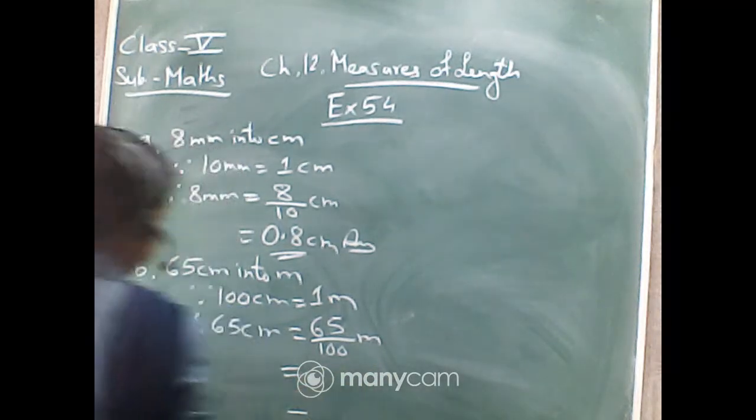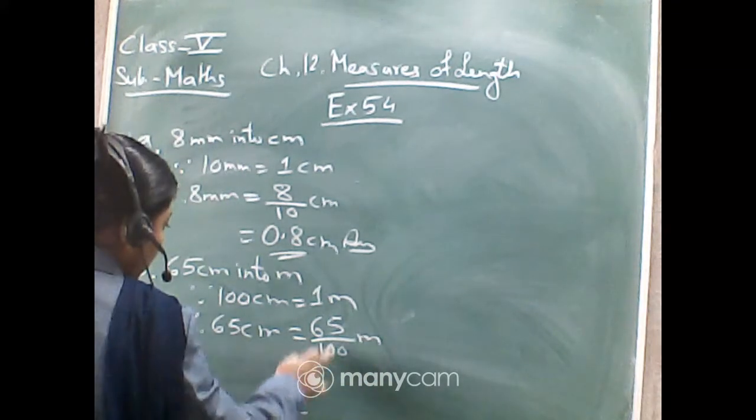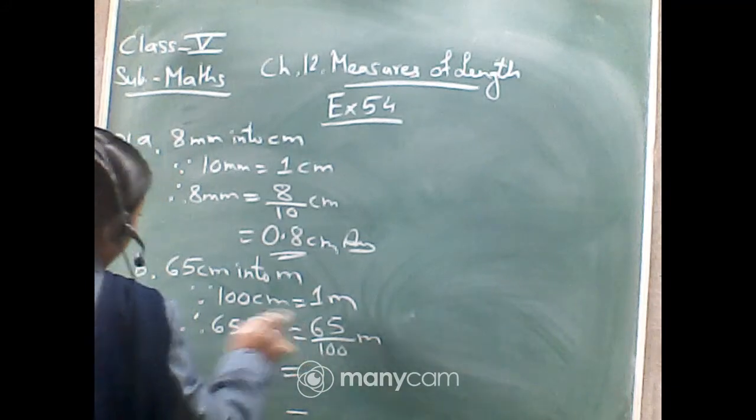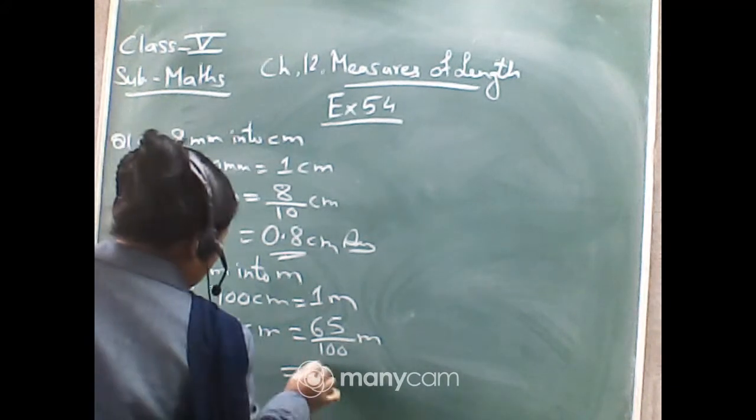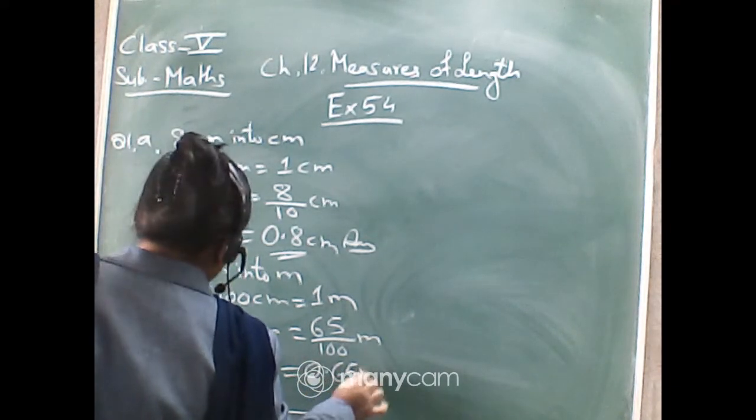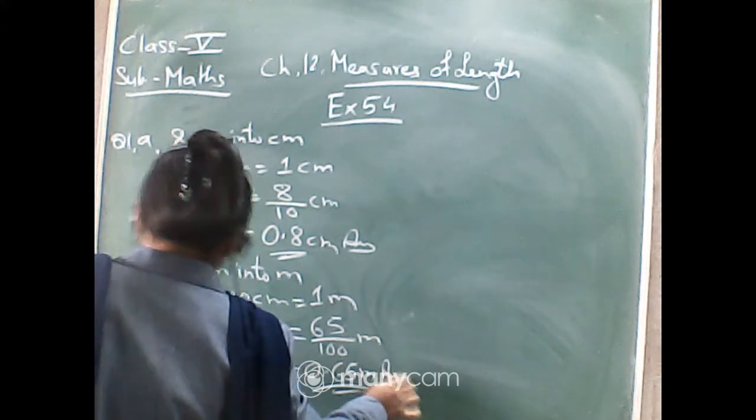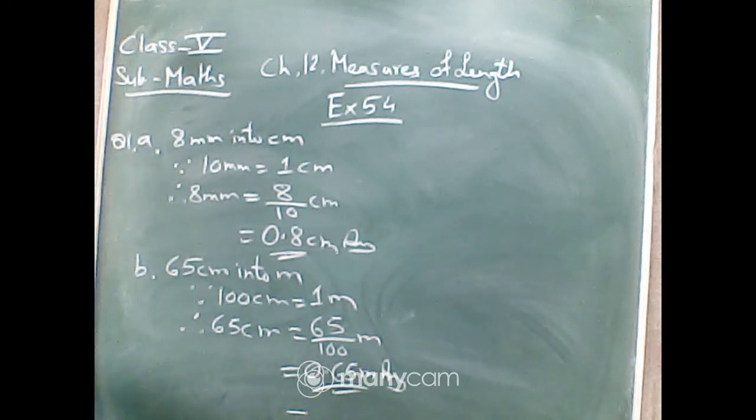Now it is changed to meter. So here it is 2 zeros, so 2 zeros and then the point. So it is 0.65 meter is the answer for number B.